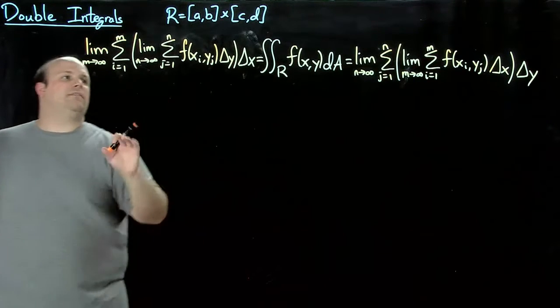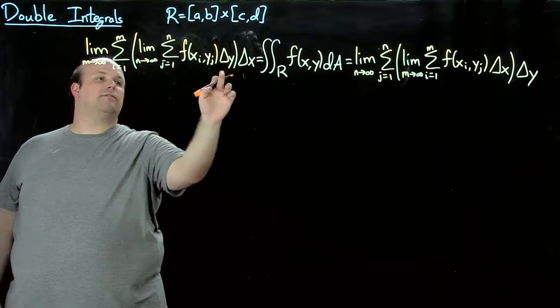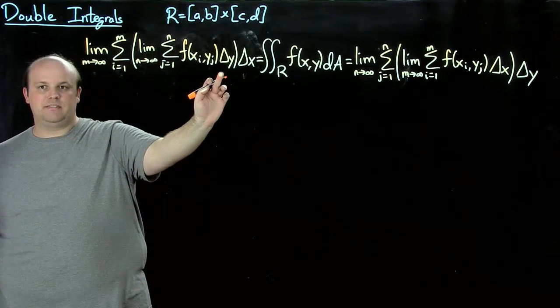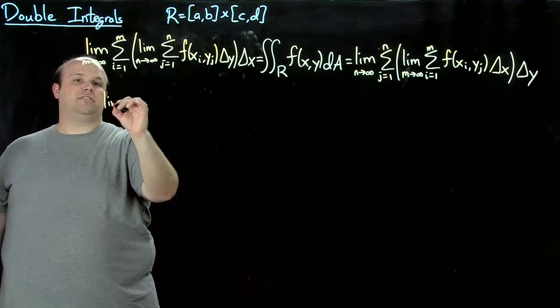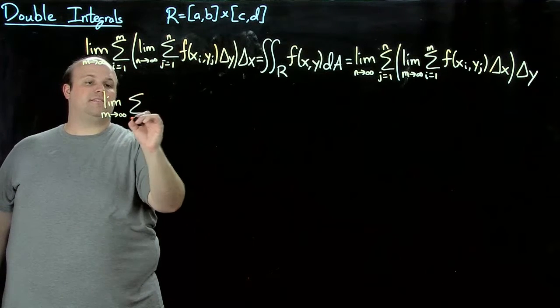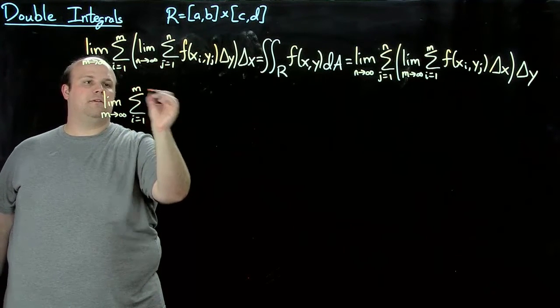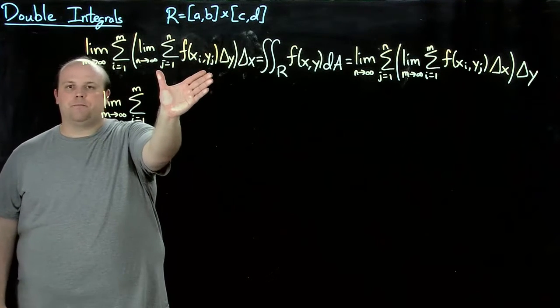All right, so if we look at this side, does this inside here look familiar to you by any chance? Hopefully it does, because you should just see the limit as m goes to infinity, the sum from i equals 1 to m. But what is this on the inside here?